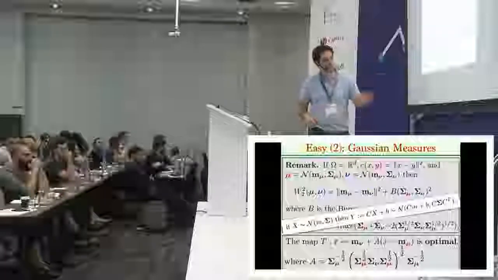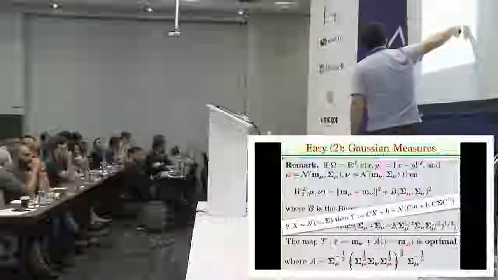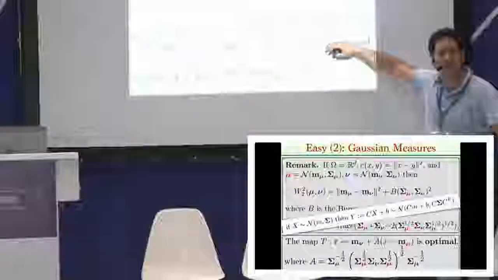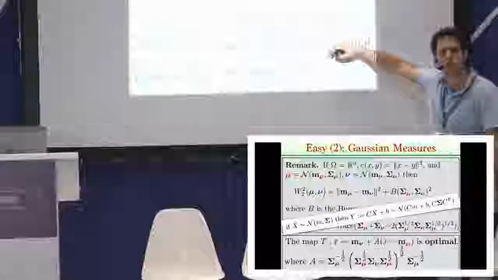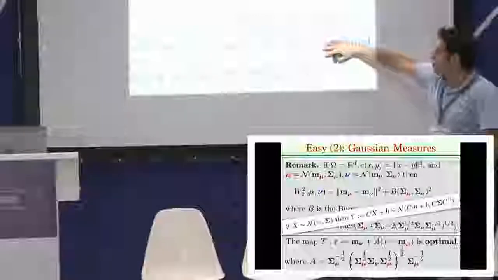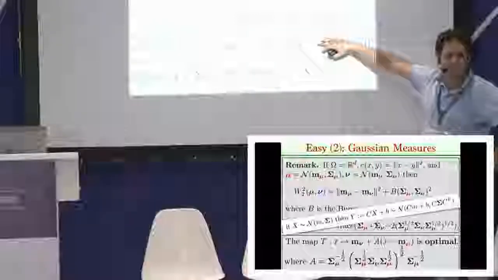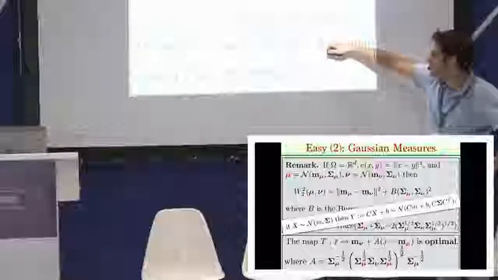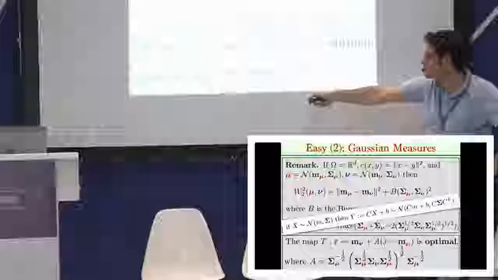So the first thing that we get is that this map transforms the first distribution into the second distribution that we want. Now, there's something nice about this map, which is not directly obvious: this map is actually the gradient of a convex function. Why? Because this matrix A is obviously positive definite.